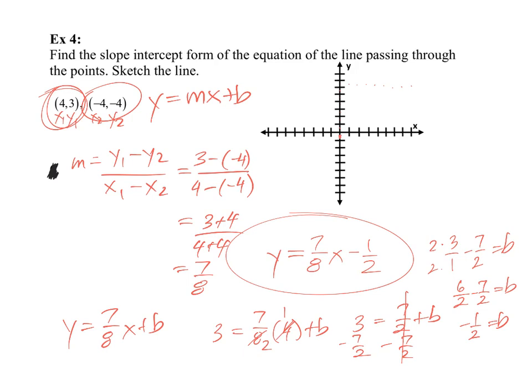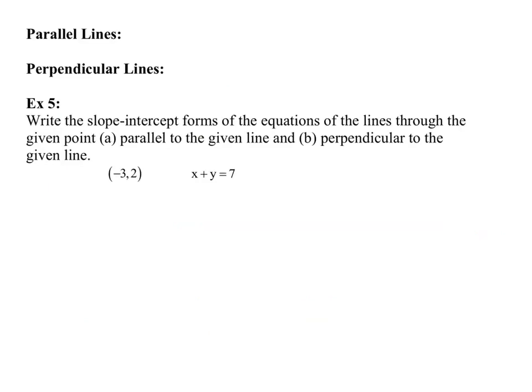And going backwards as well: 1, 2, 3, 4, 5, 6, 7, and then 1, 2, 3, 4, 5, 6, 7, 8. Alrighty. And there's your line. Going on to the last example.